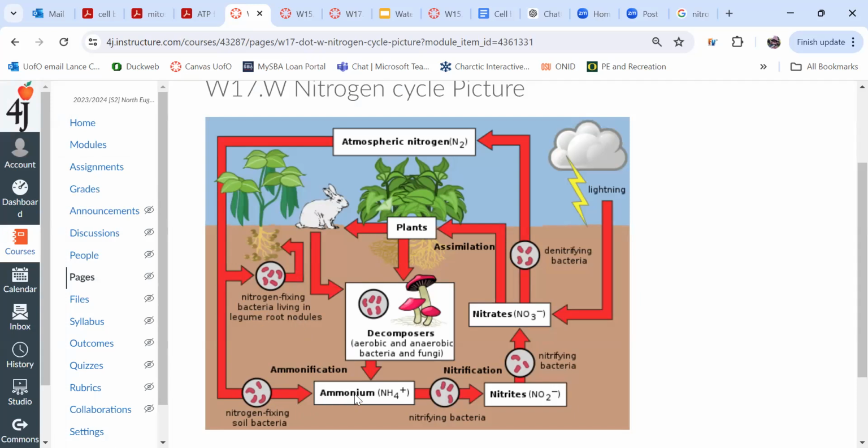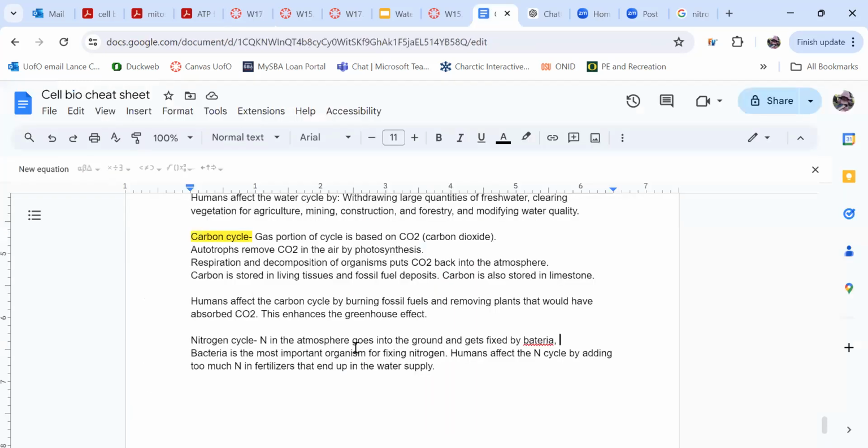So it gets fixed by bacteria, becomes ammonium, gets fixed by bacteria, becomes nitrites, gets fixed by bacteria, becomes nitrates, which can be used by plants. In this one, it was by the legume root, it just gets fixed into a form that could be used by plants. We don't have to put each step here, like nitrification. We just put nitrogen in the atmosphere goes to the ground and gets fixed by bacteria.